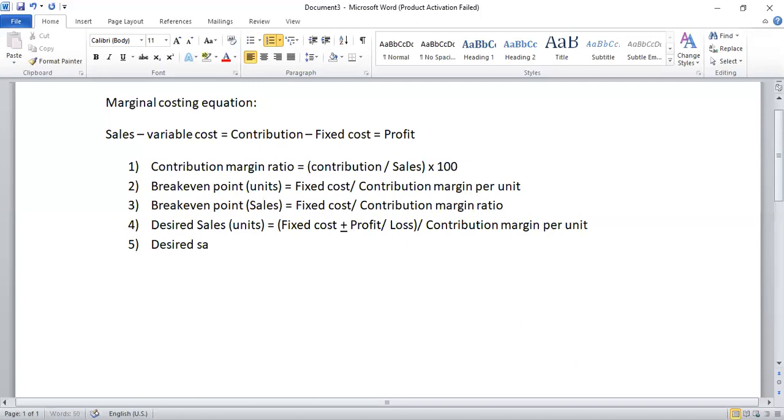Then desired sales in sales value, or dollar value, we use the same thing. This time it will be the contribution margin ratio.